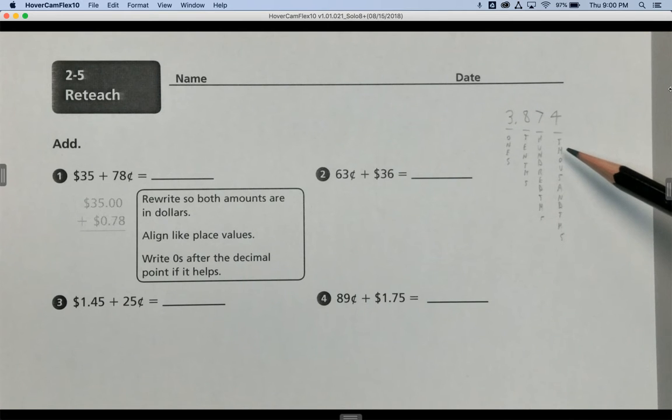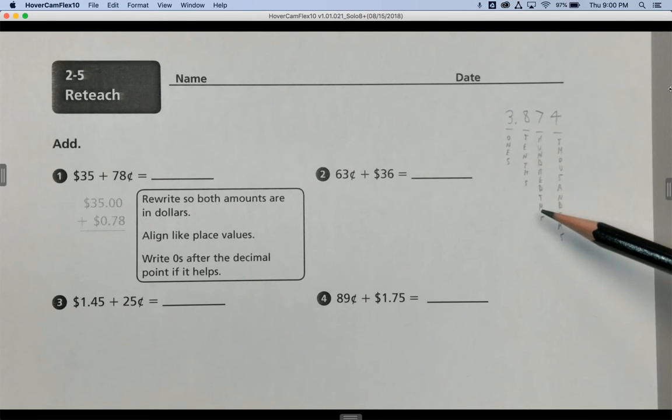There's two sort of cases we'll see in these practice problems. One is money problems, where we are given numbers that are not presented in decimal form, but we need to rewrite them in decimal form.